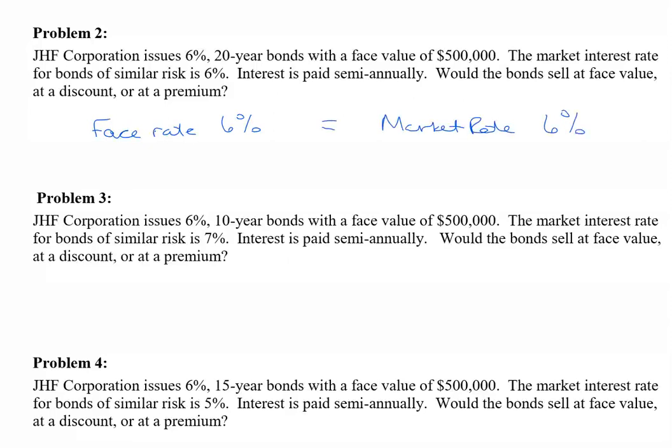The face rate and the market rate are the same, which means this was issued at face value. So, investors who purchased this bond could have the same return on this bond that they would have on other bonds in the market. It's at face value.